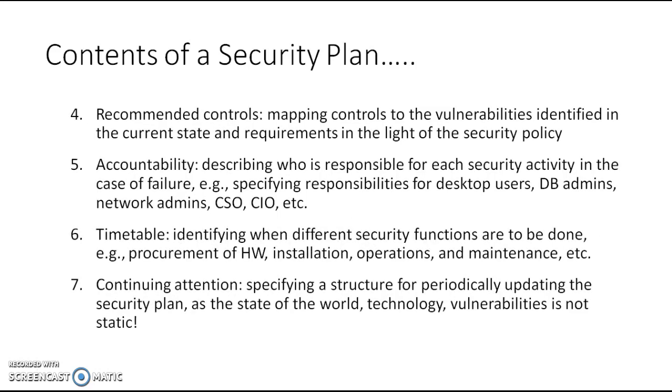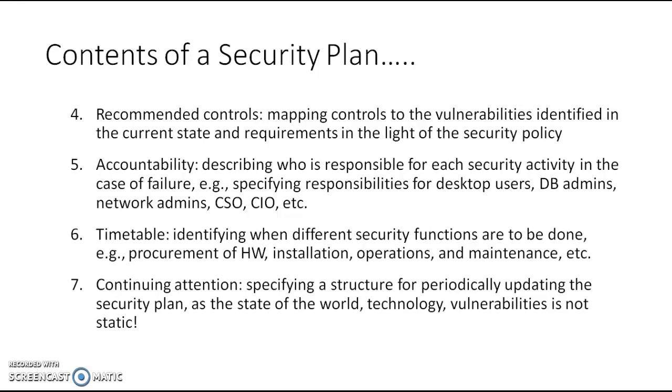Now we go for the fourth one, that is the recommended controls, like mapping controls to the vulnerabilities identified in the current state and requirements in the light of the security policy, that is, what are the different controls available. For example, if you have one vulnerability like SQL injection, what is the control available, how can you countermeasure that vulnerability.